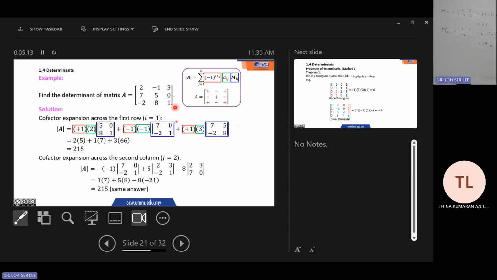And then plus, because of the summation, we use plus. For this one, alternating sign is plus. The entry itself is 3. And the minor for this location is, remove this one. So you just compute and you sum up, you get 215.